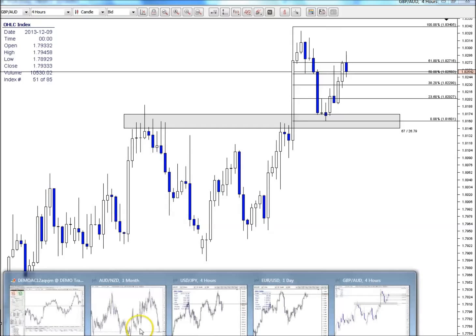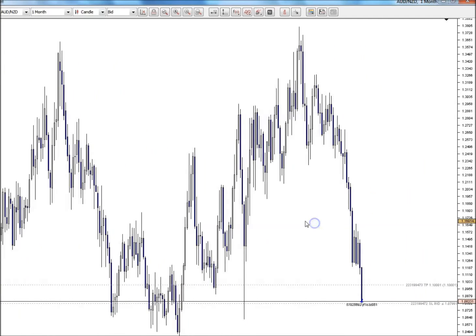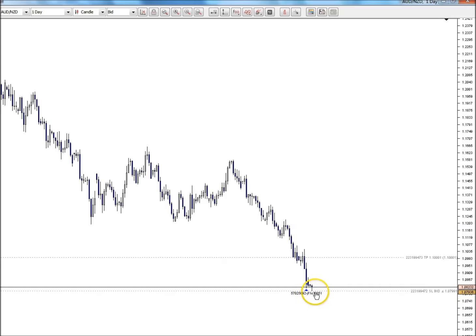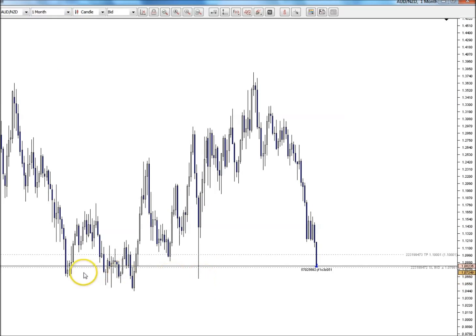Let's see what we have more. Okay, my Aussie Kiwi position is still holding. It tried to touch my stop level here, almost touched the stop and pushed back higher. I hope finally we can see some strength. The reason I'm insisting on this pair is that in a monthly chart we are buried. Actually, we are buried. This is a major historical support zone.